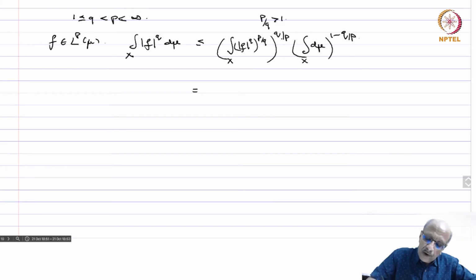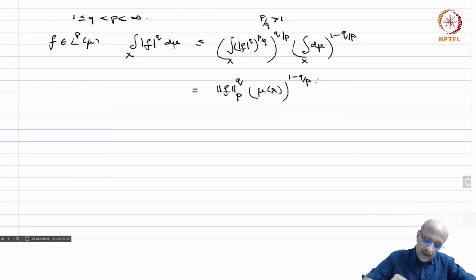Mod f to the p, 1 by p is nothing but norm fp, so this is norm fp to the power q into mu(X) to the power 1 minus q by p.